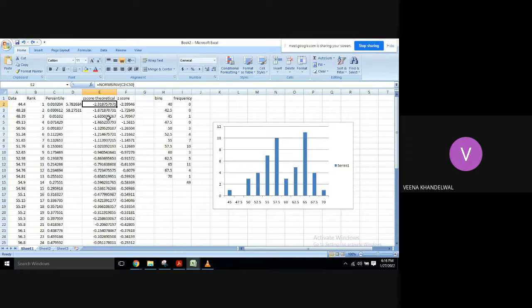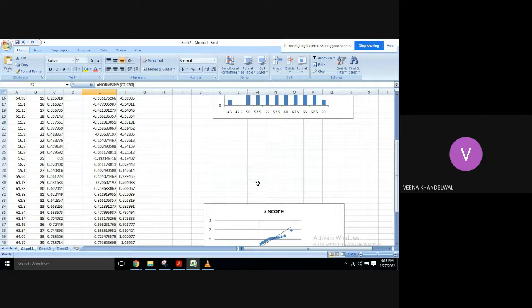These are theoretical values of the normal distribution, and this Z score is the actual value of our data. So what we want to do is compare whether our data follows a normal distribution or not. When we plot these two values, we get a graph similar to this graph.